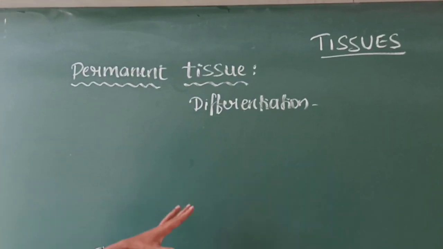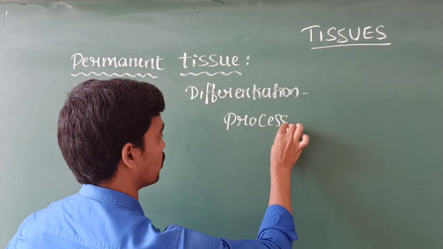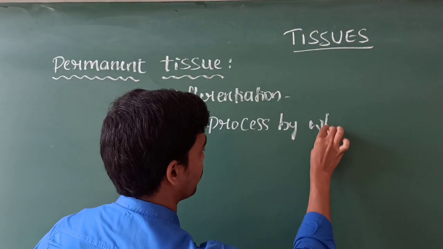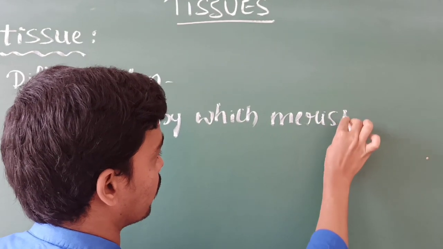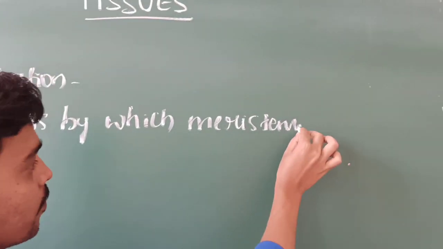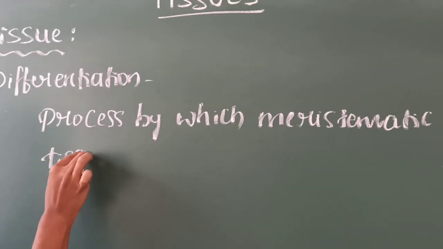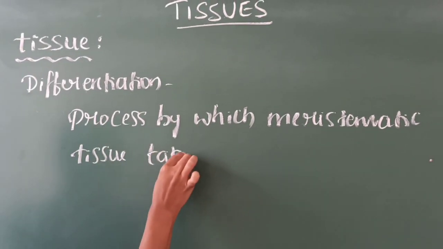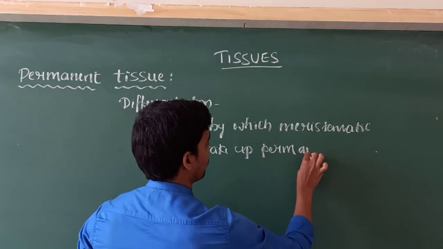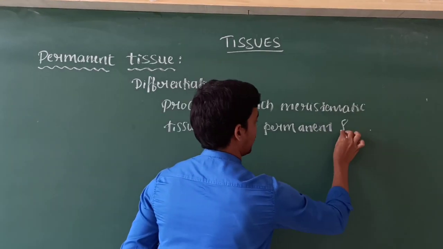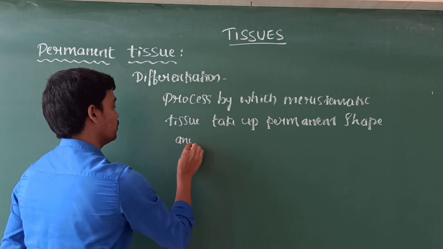Another definition for differentiation is the process by which meristematic tissue takes up permanent shape and function.